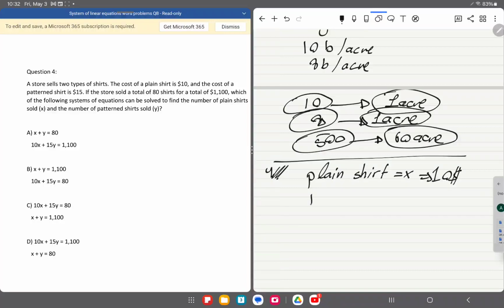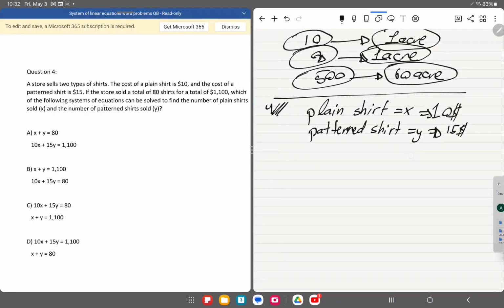A patterned shirt, Y, is $15. Now, if the store sold 80 shirts in total for 1100, same method, same logic. Which of the following systems?